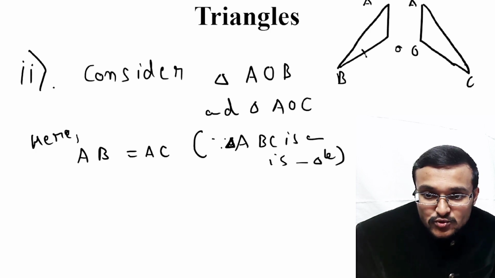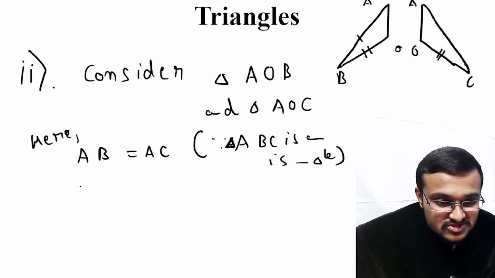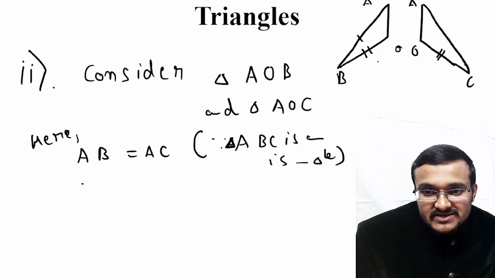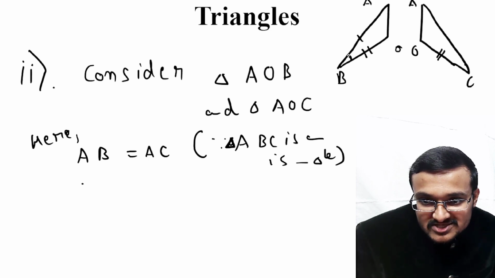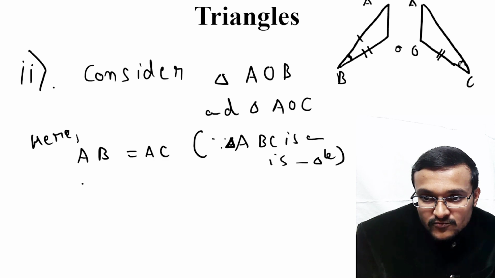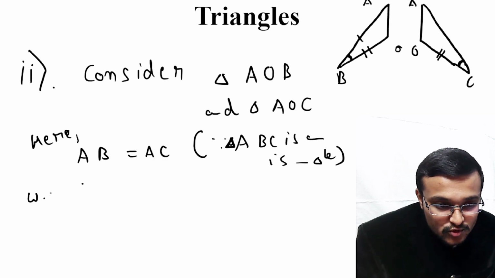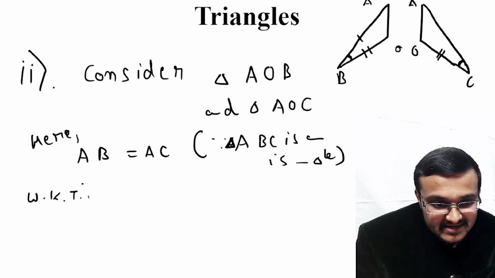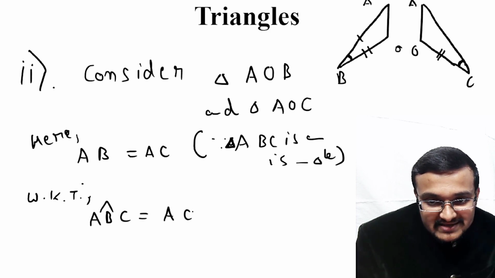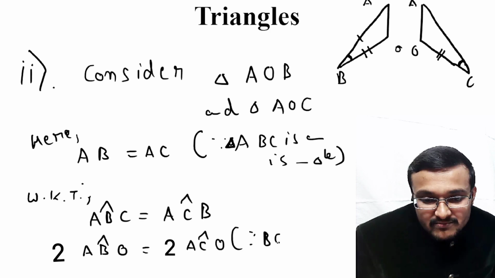And we have proved that this particular OB is equal to OC just now. So OB is equal to OC. Before that, we will try to prove this particular angle ABO is equal to ACO. We know that angle ABC is equal to angle ACB.